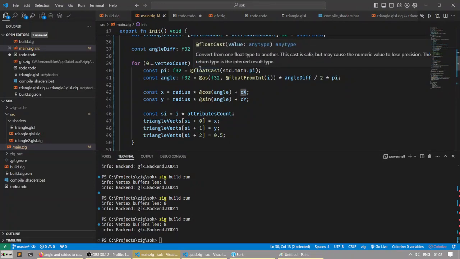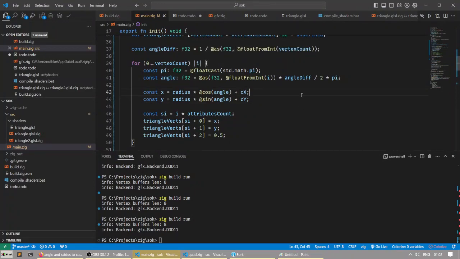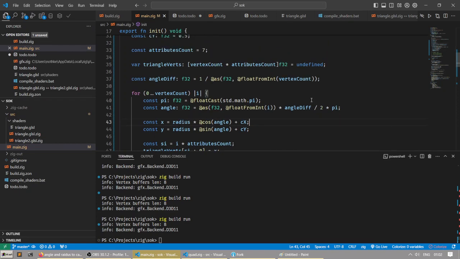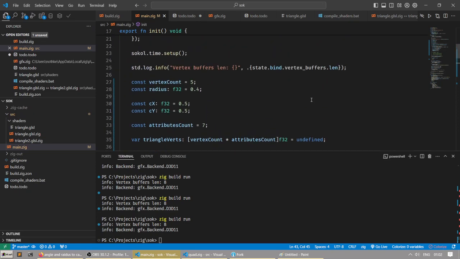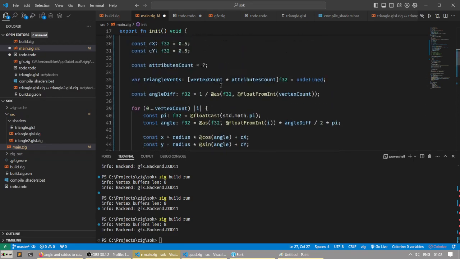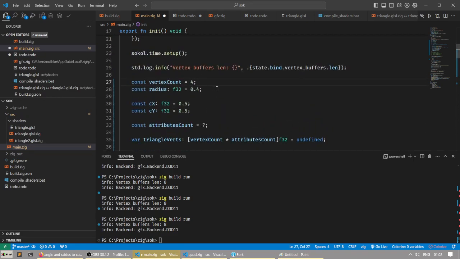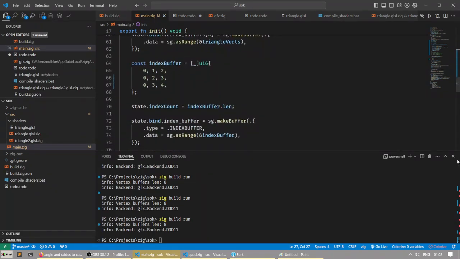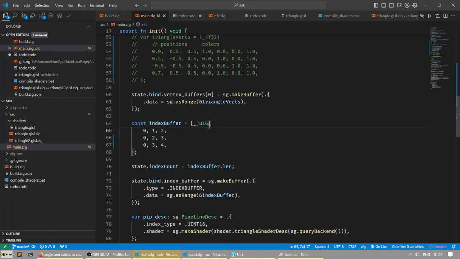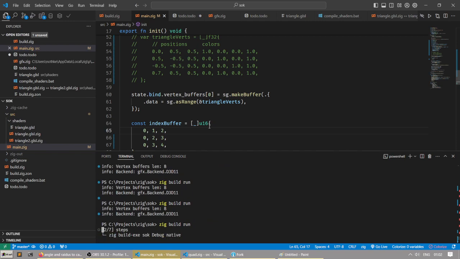So that is strange. There's multiple strange things happening. Okay. So since we have 5 vertices, let's do 6 vertices. No, let's do 4 vertices, because this should be a square.